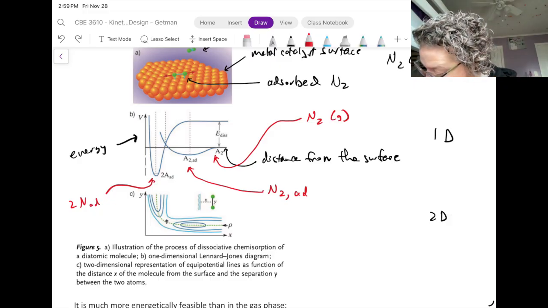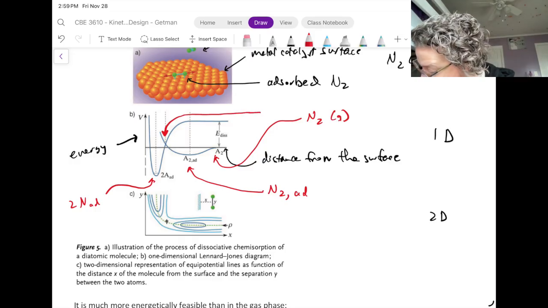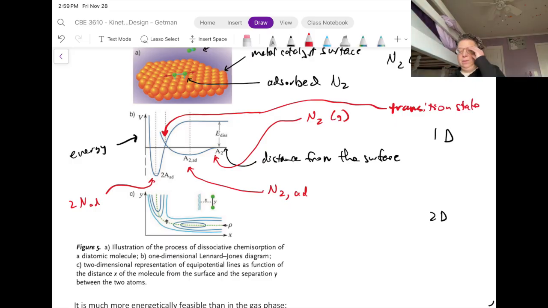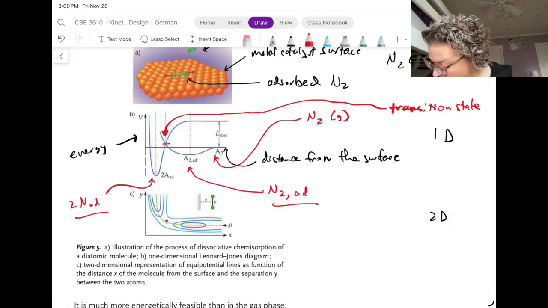This right here is going to be approximately a transition state, in between two adsorbed nitrogen atoms and adsorbed molecular nitrogen. So if we wanted to know the activation energy of the dissociation process, it's going to be about this amount of energy.